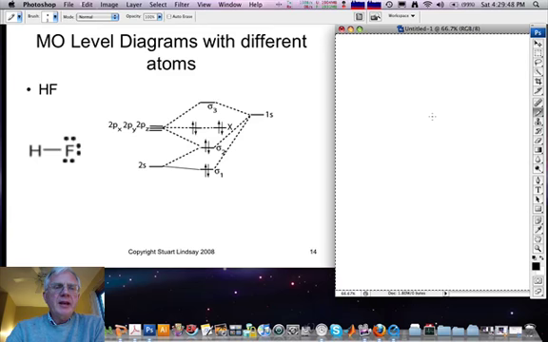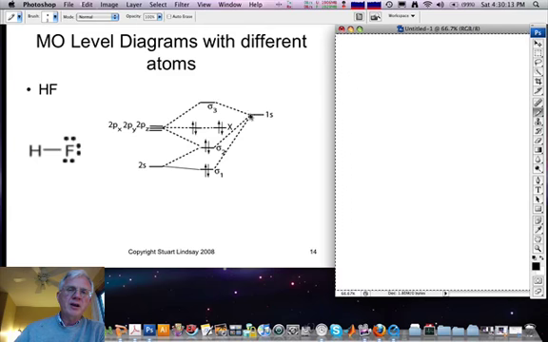So the example I give on this slide is hydrogen fluoride. Fluorine has 9 electrons, 2 of which are in the 1s2 states. This then leaves 7 valence electrons on fluorine. Hydrogen in its s state then contributes to these valence interactions.